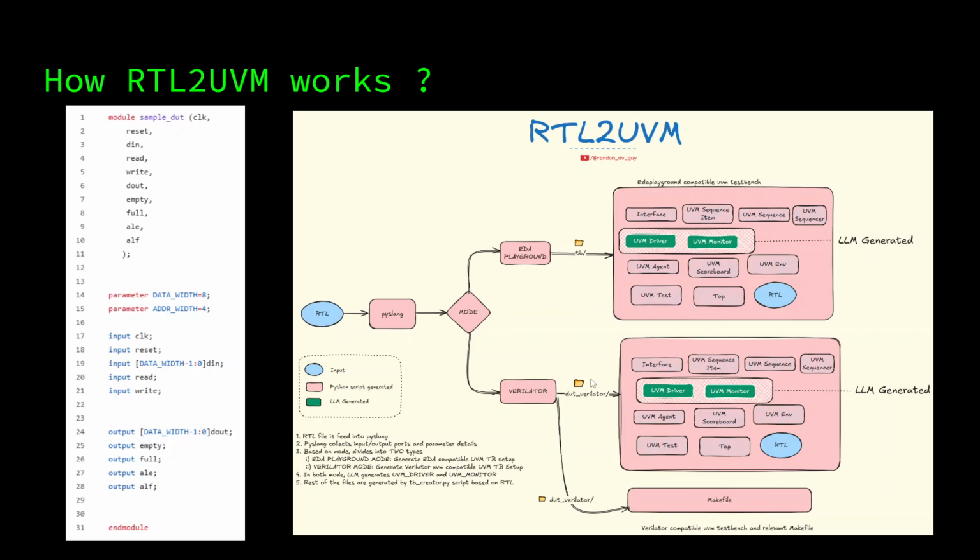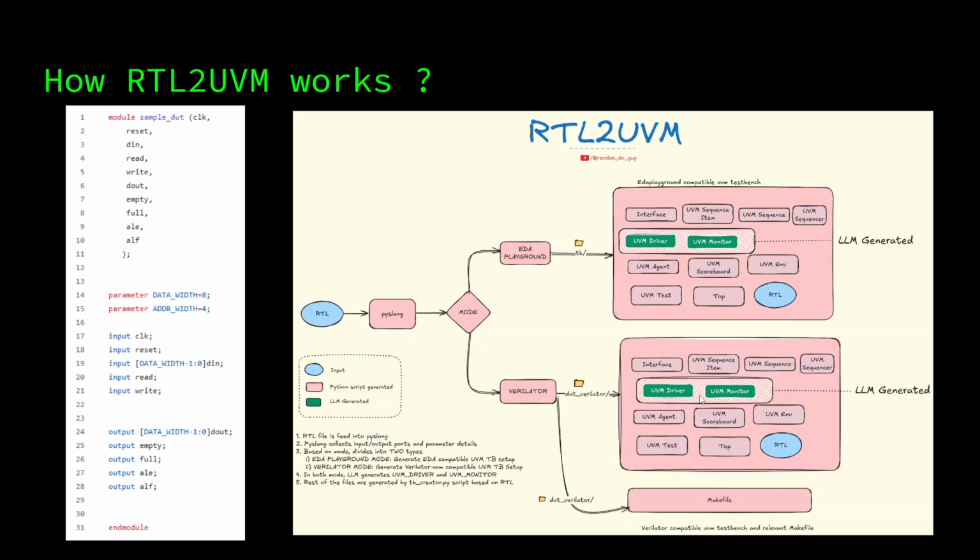Inside that folder, it will generate the interface, UVM sequence item, sequence, sequencer, agent, scoreboard, env, and test, everything automatically. It will also generate a UVM driver and UVM monitor, but not the run phase if you run without the LLM option. If you don't give the LLM switch, it will just create an empty run phase.